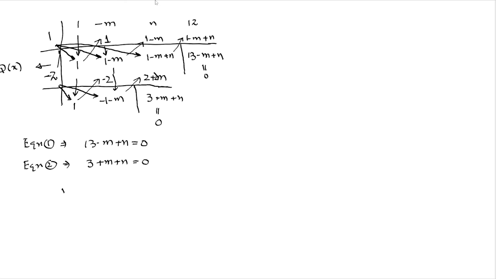So the value of n is found to be minus 8 and the value of m is equal to 5. So the polynomial in the actual position will be x cube minus 5x square minus 8x plus 12.